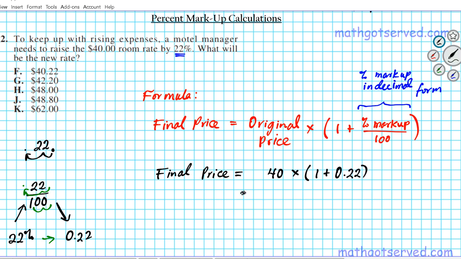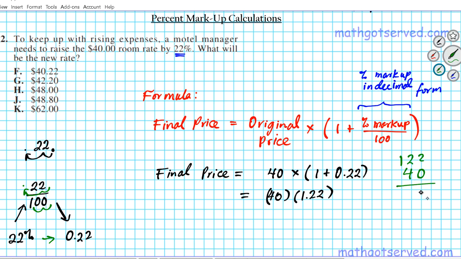All right, so what we're doing in essence is multiplying 40 by 1.22. All right, so you can multiply this with your calculator or you can just do it by hand real quick. So you have 40 times 1.22, so I'm just going to put 4122, right?